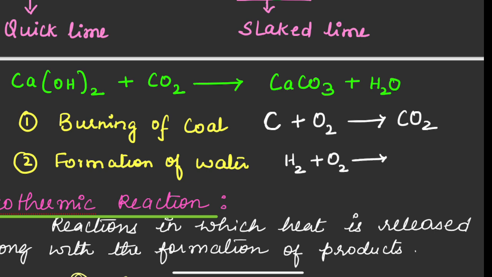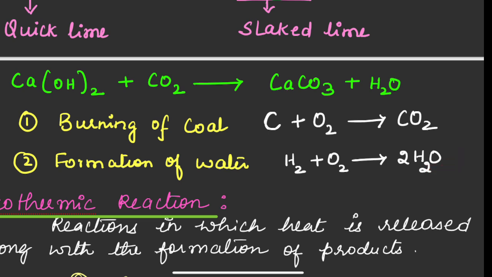Hydrogen and oxygen gas will combine, resulting in the formation of water, H2O. Even this is a combination reaction, because hydrogen and oxygen are reacting. There are two reactants, and this results in the formation of one product.